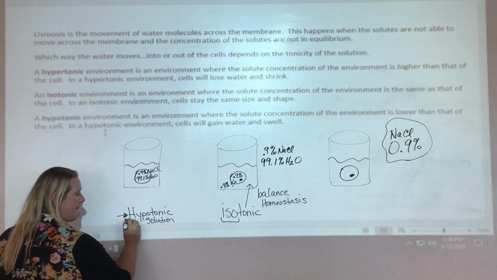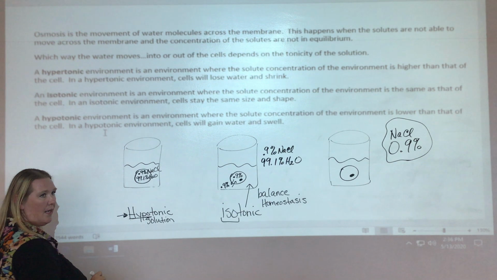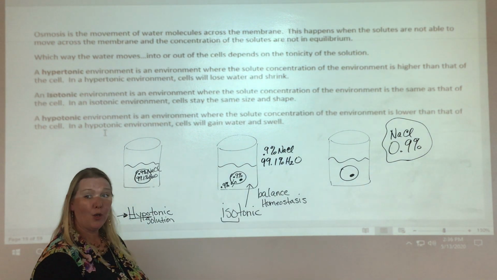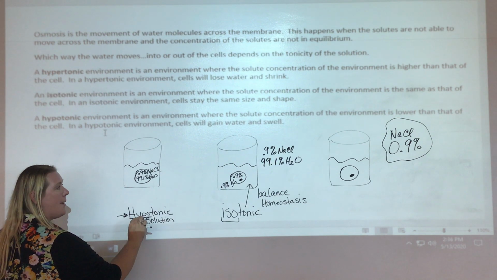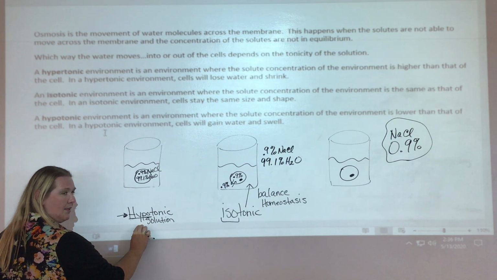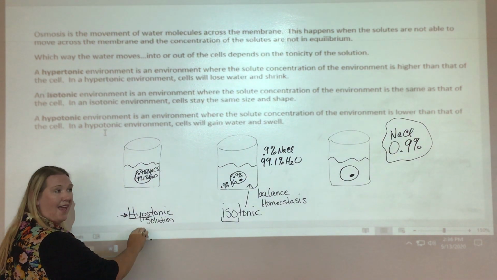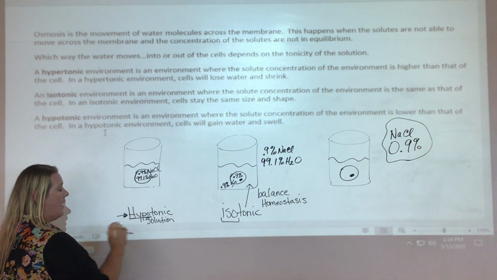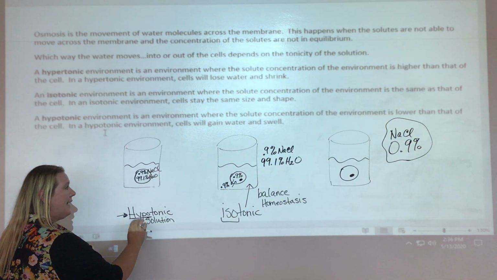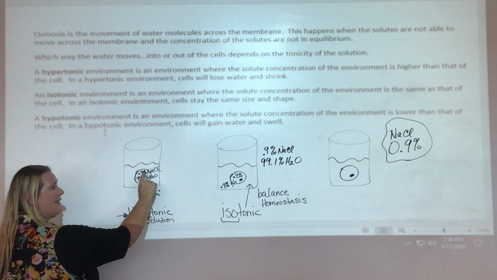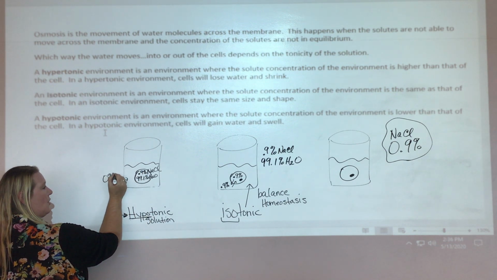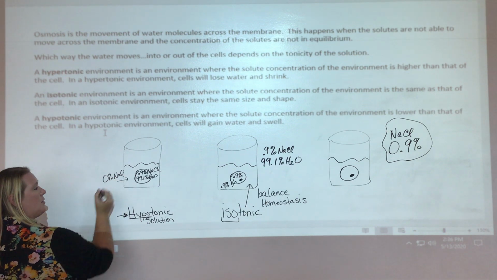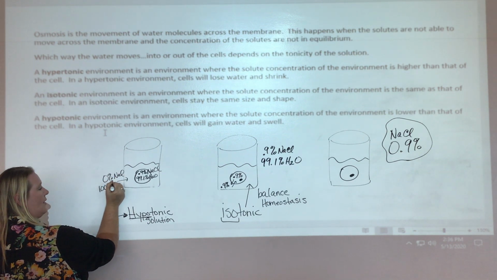If it is hypotonic, hypo-low, that's my trick, it has a lower amount of salt than the cell. Hypo-low. It has a lower amount of salt than what's inside the cell. So I'm going to say it has 0% salt, which means it's 100% water.